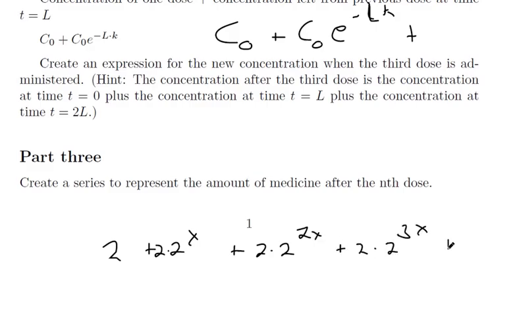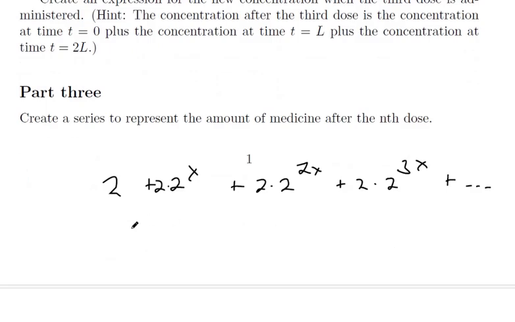If this is my series, the pattern is pretty easy to see, right? We're summing from n equals 1, the first dose, to infinity, and every term has a 2 multiplying a 2, and the x power is increasing by 1 each time. So we can say n minus 1 times x. And so check out my series.